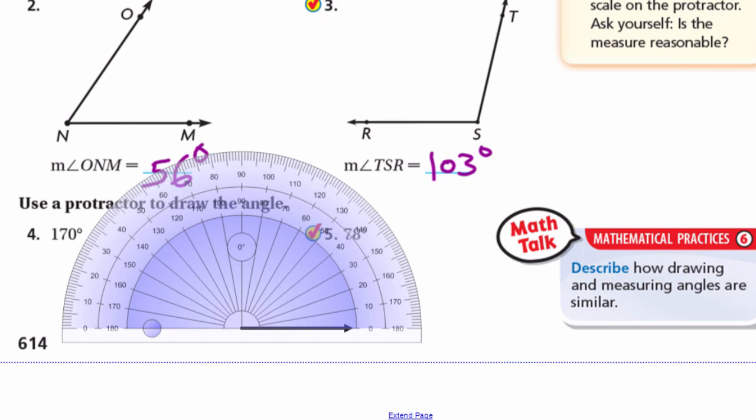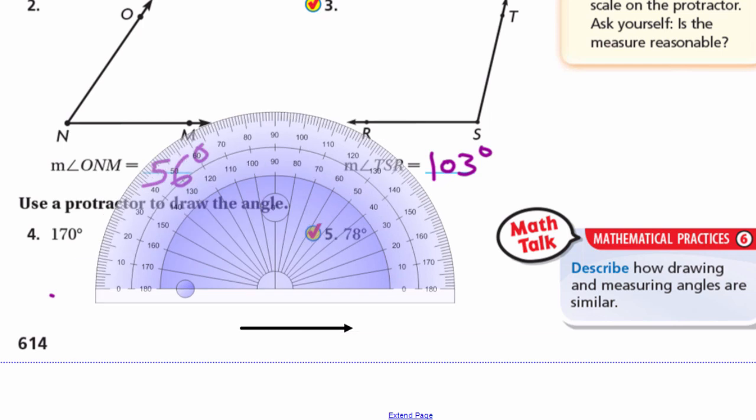And then we'll count from the 0 at the right: 0, 10, 20, 30, 40, 50, 60, 70, 80, 90, 100, 110, 120, 130, 140, 150, 160, 170. 170 will be just right here. We'll make a point, and then we connect this point with the vertex. So it will be something like this. So this is a 170 degree angle.